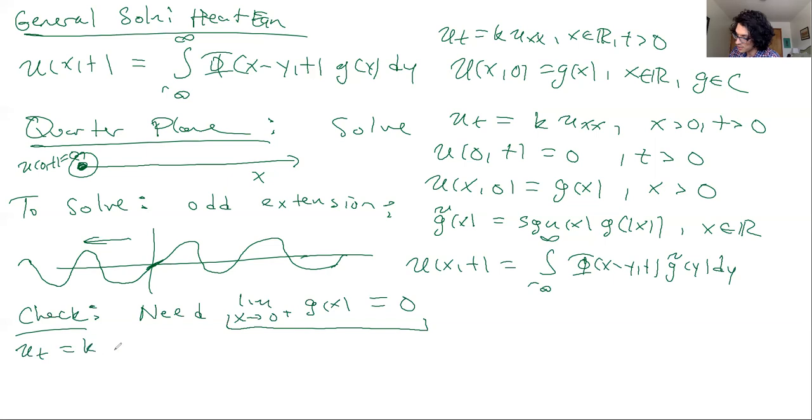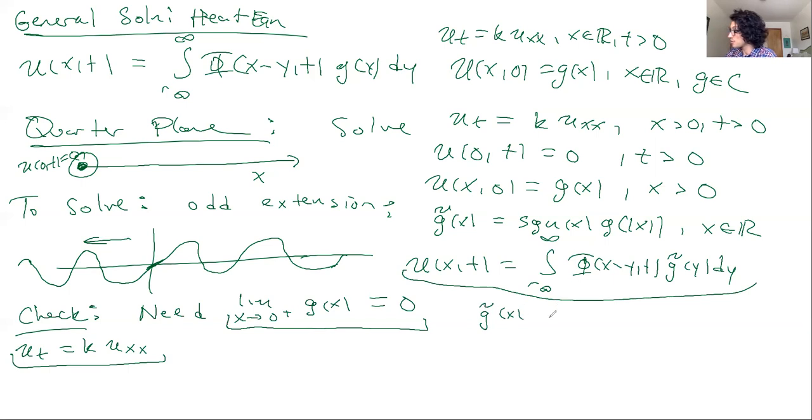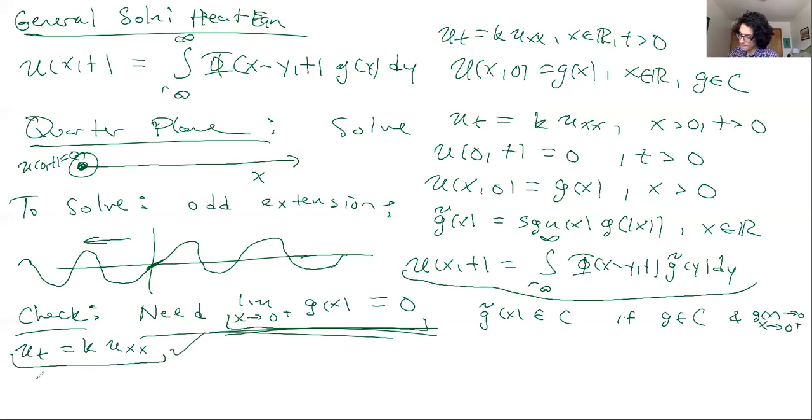Otherwise, this is just looking precisely like our general solution from before, right? First of all, we know that u_t equals k u_xx because this is just going to be the general solution where g of x is continuous, okay, if g is continuous and we have this additional condition here, okay? So as long as g of x goes to 0 as x goes to 0 from above, okay?